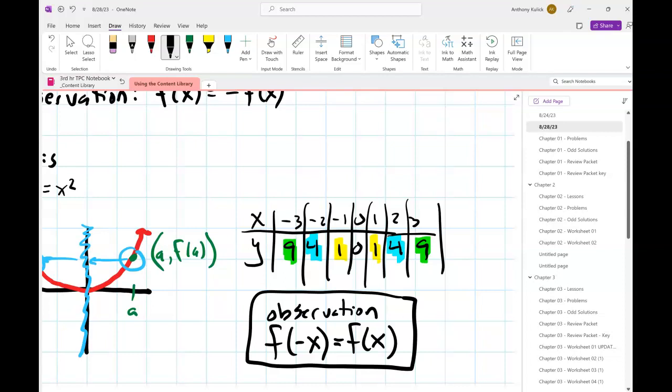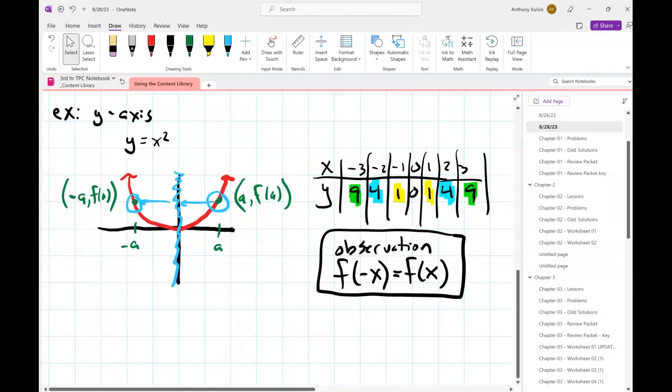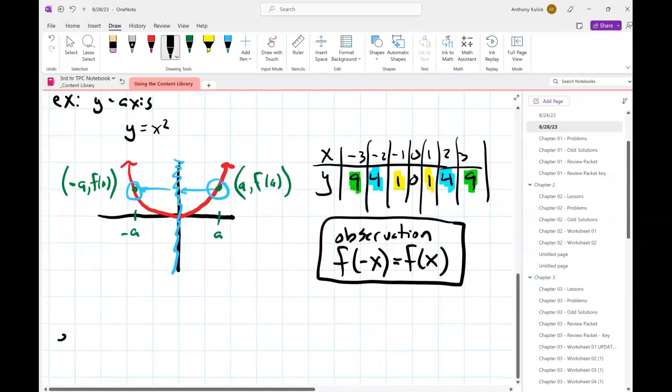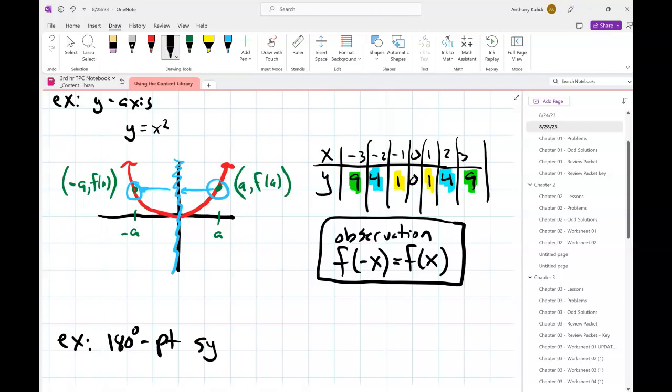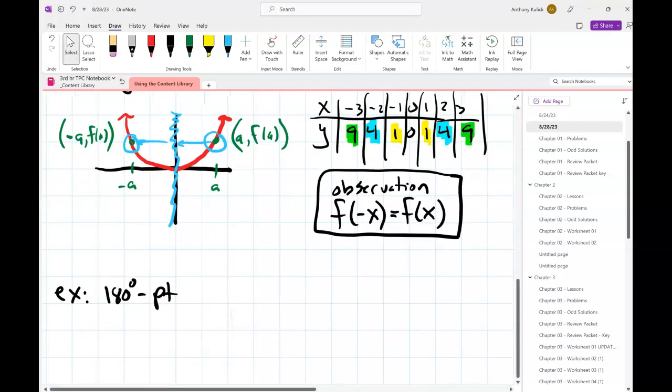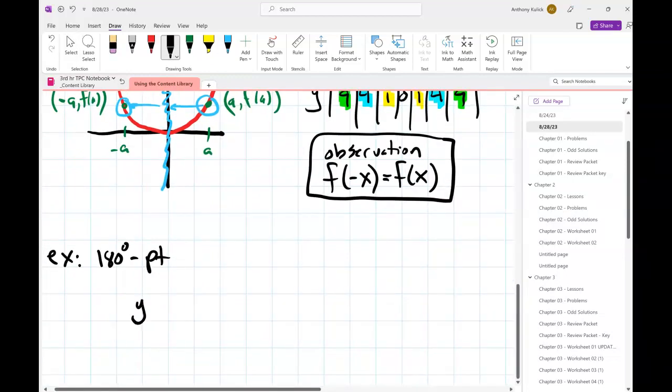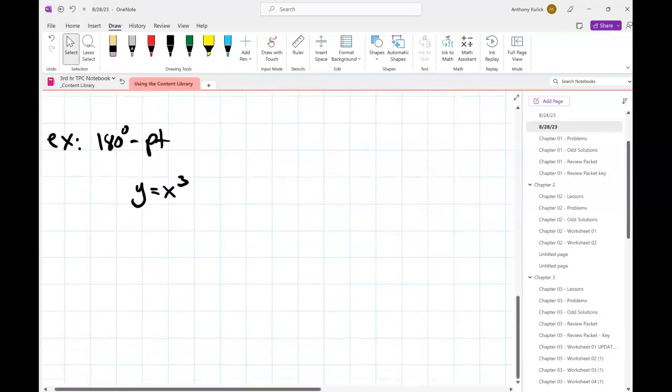All right, so let's look at the last one here. Let's look at this 180-degree point symmetry. So an example of the equation could be something like y equals x cubed.